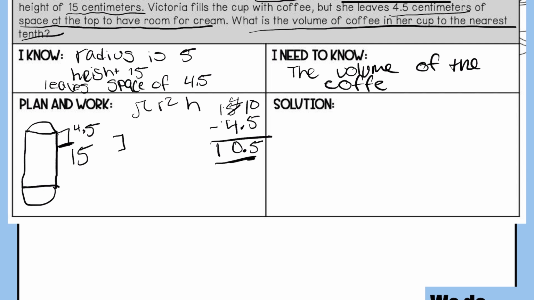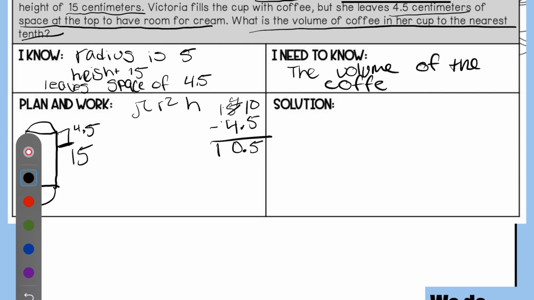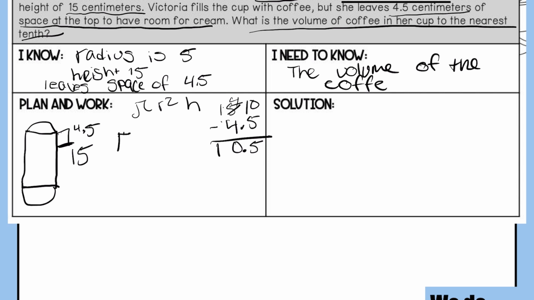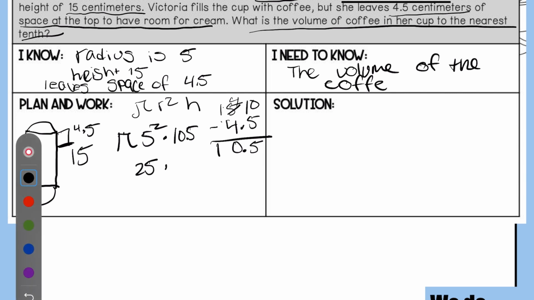So now we have pi times 5 squared times 10.5. So 5 squared is 25, times 10.5 times pi.